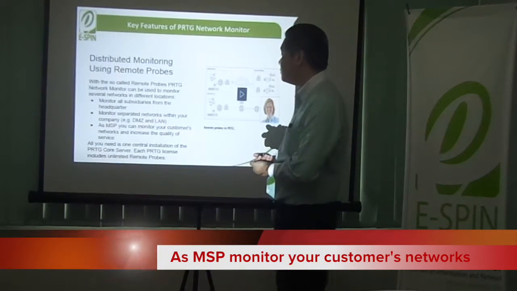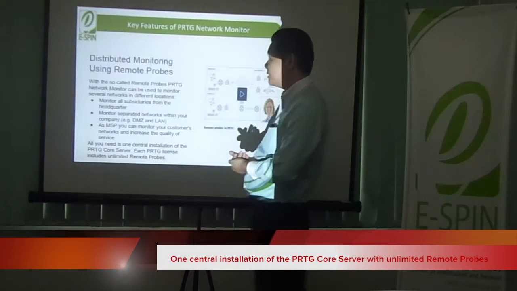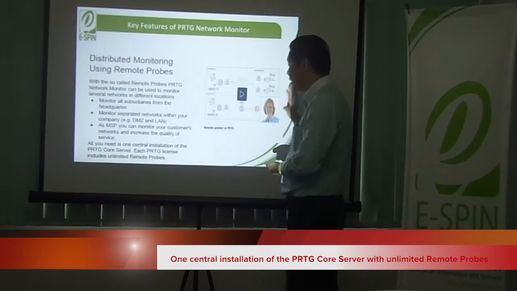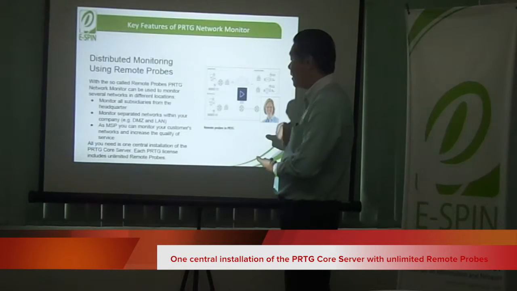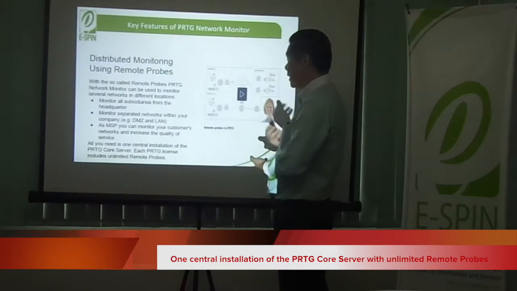It is also useful for an ASP to monitor your customer networks and increase the quality of the services. All you need is a single central installation of the PRTG core server, and the PRTG license includes unlimited remote probes under this kind of usage scenario.